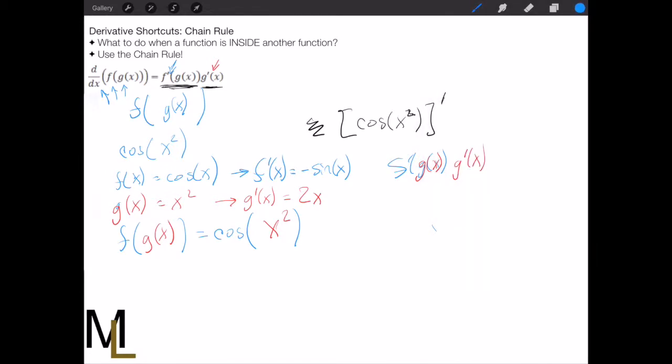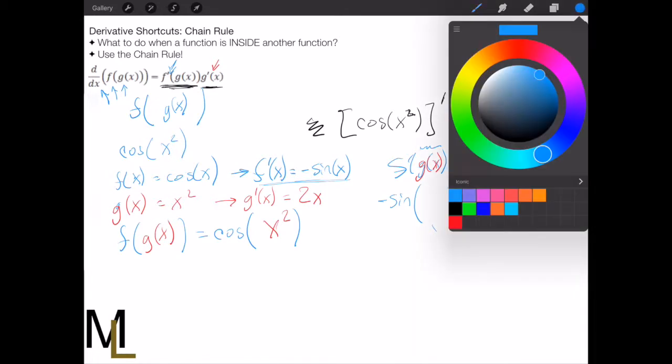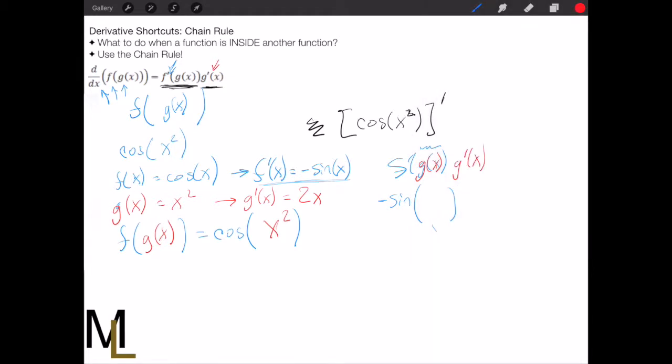So we just calculated f prime of x is negative sine. So we'll do negative sine, but instead of x, we need to have g of x in here. We know g of x is x squared, so we'll write in x squared.